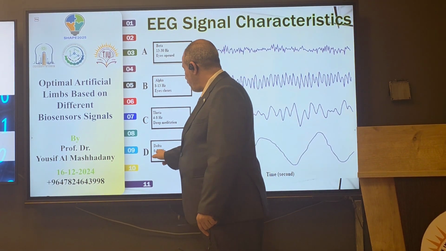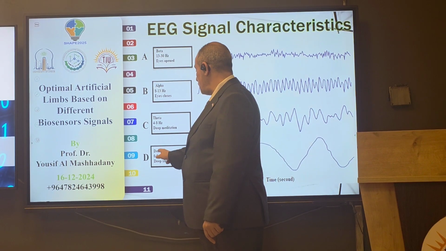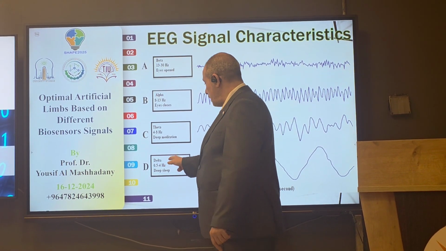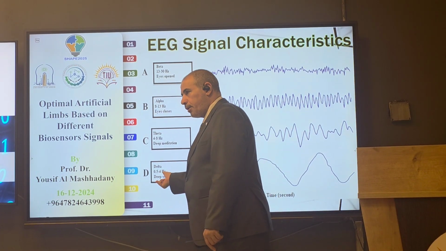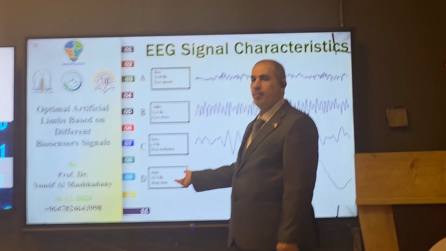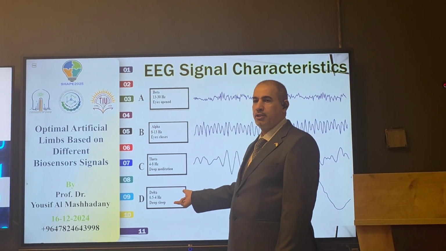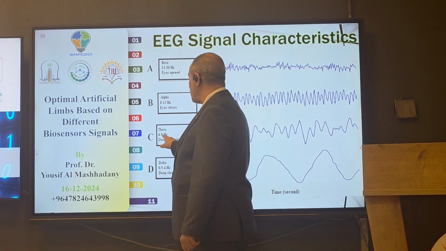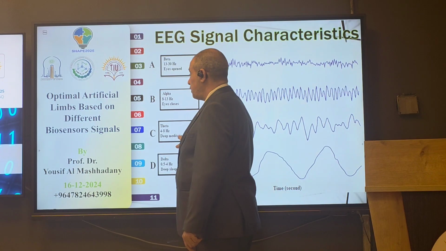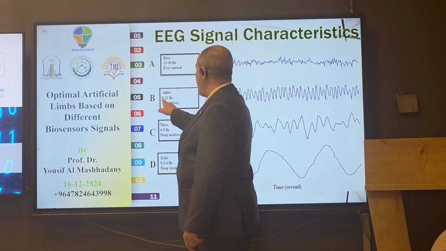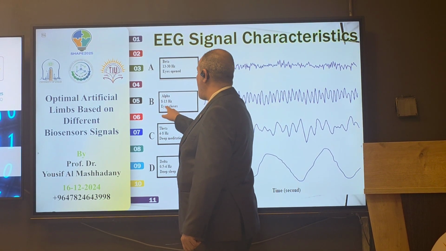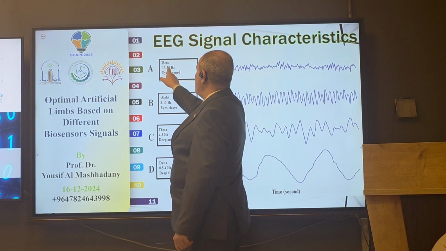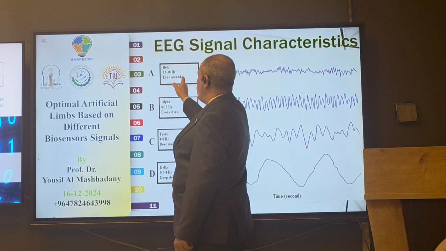From 0.5 until 4 Hz, this is deep sleep, delta signal. That means this range of frequency is when the human is in relaxation or sleep. Theta from 4 until 8, this is deep meditation. Alpha from 8 until 13 Hz, eyes closed. And 13 until 30, eyes open.